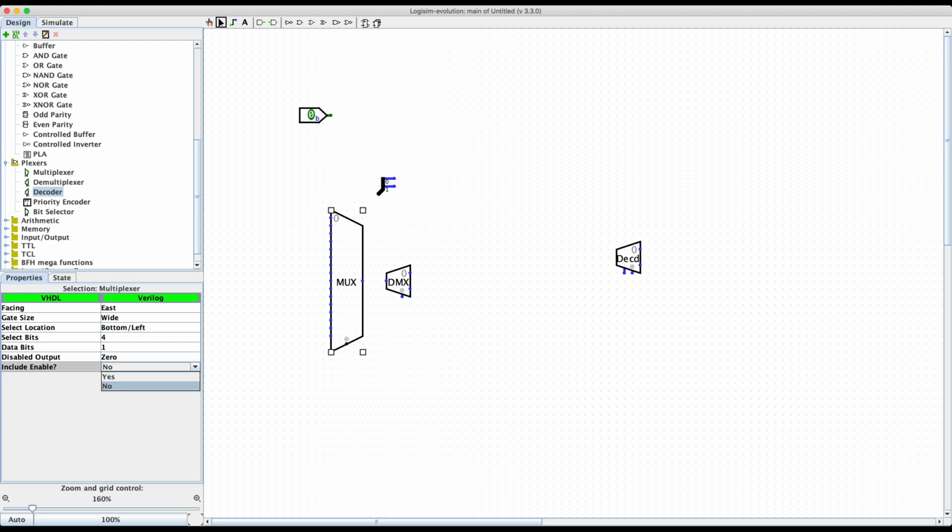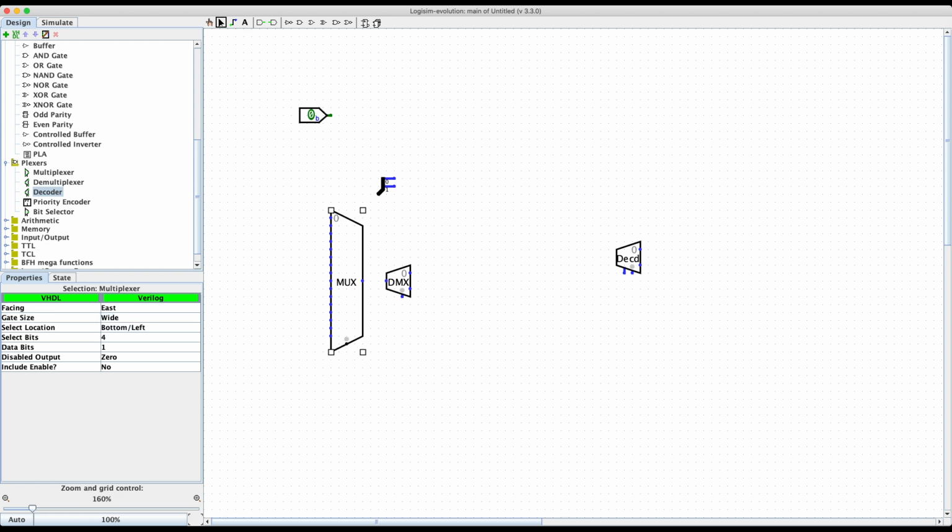And then you can also include a disable output, which basically connects a buffer to it. You can make that a separate physical entity, or you can build it in like that if you want. That's just convenience. And then you can make it narrower or wider, just to fit things in.